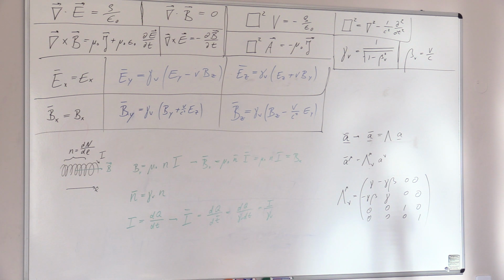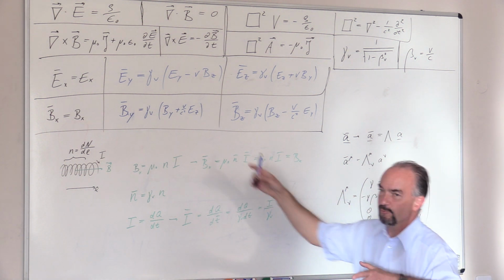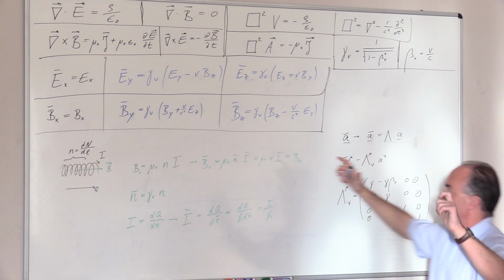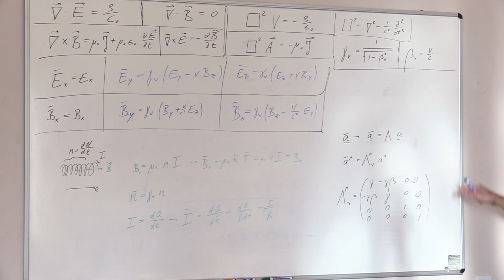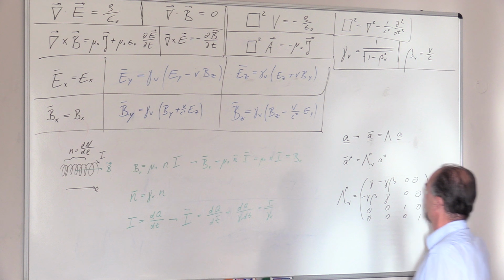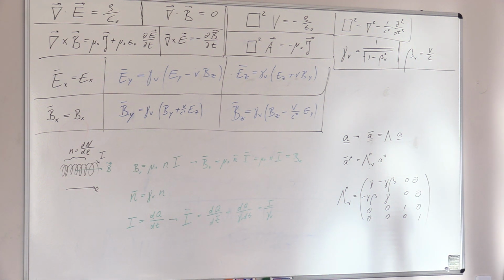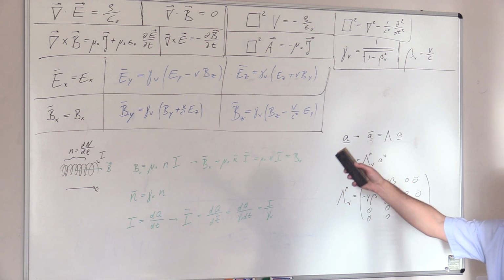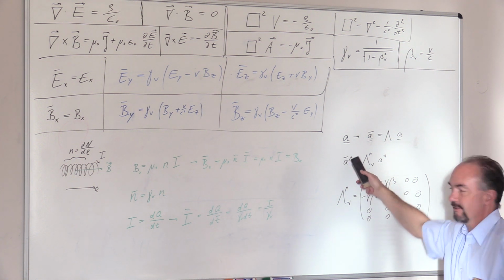So can we come up with some kind of 4-vector that combines E and B? We have these transformations for our electric and magnetic fields. How many independent components do we have in a 4-vector?